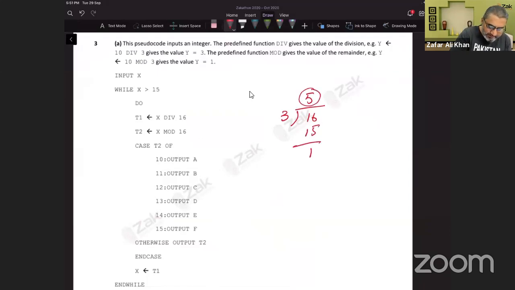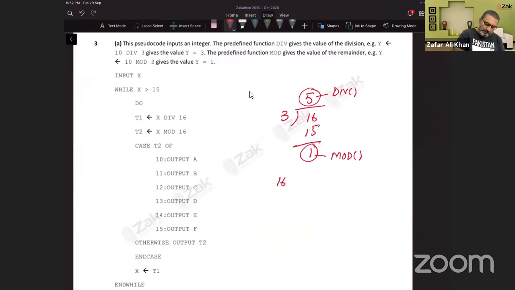So this is quotient and it is found using div function. This is remainder and it is found using mod function. So there are 3 types of divisions.